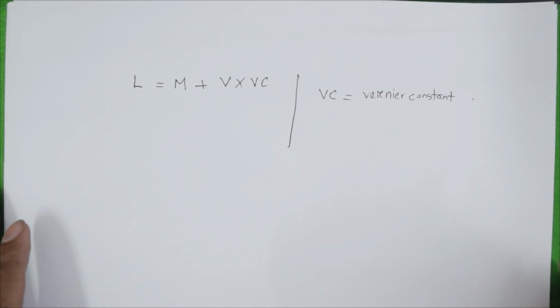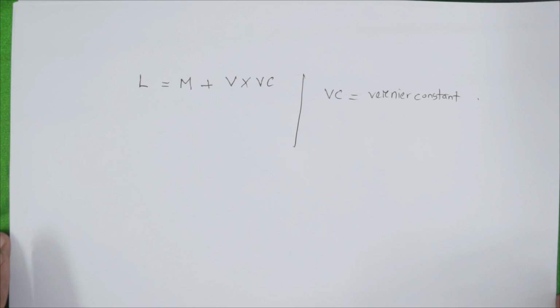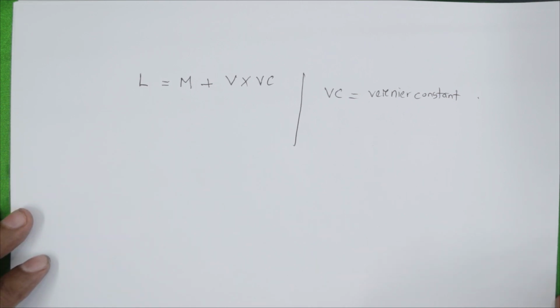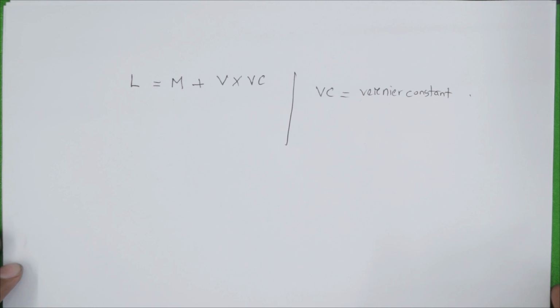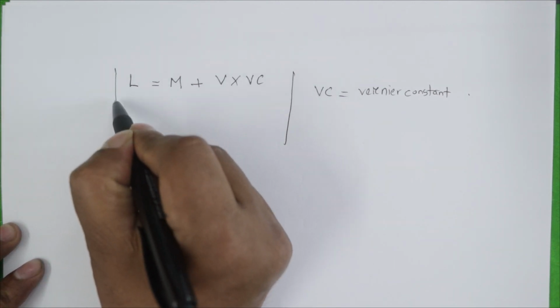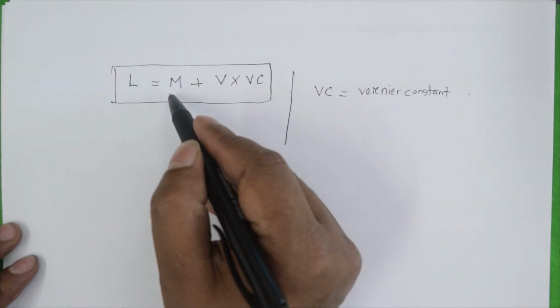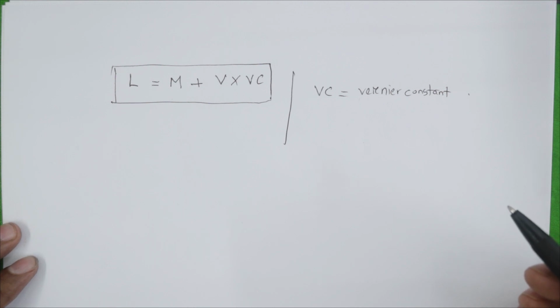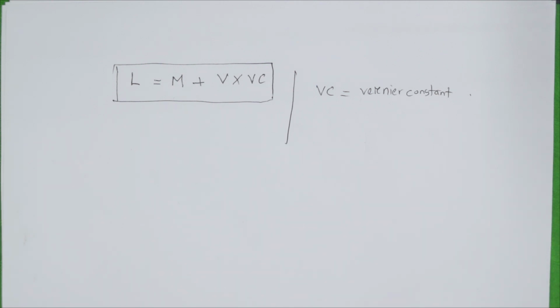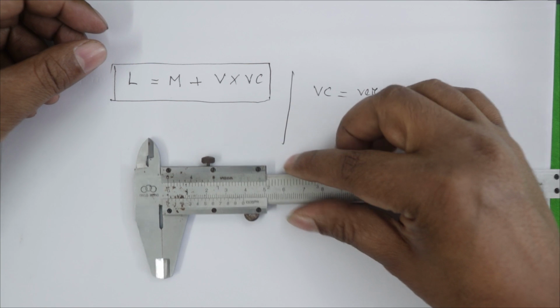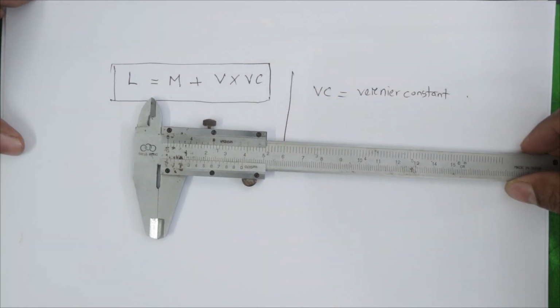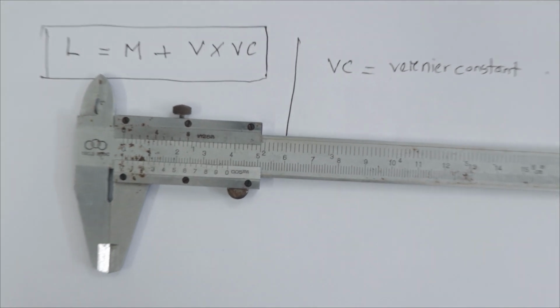So we can measure the length or diameter of any object by using this formula. M is the main scale reading. How can we read the main scale reading? Look at the Vernier scale.